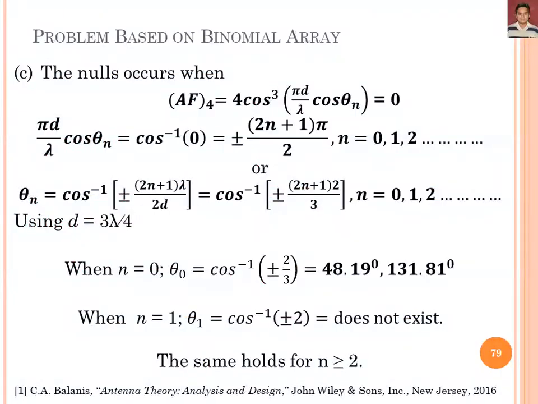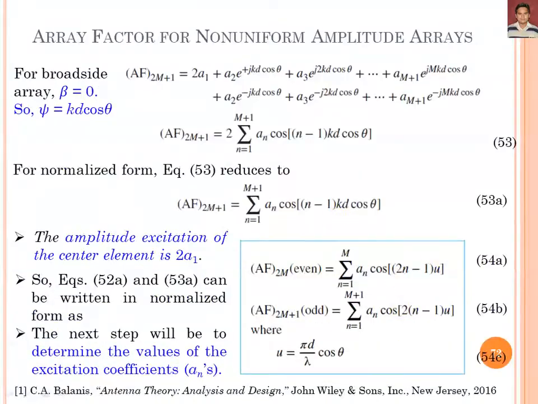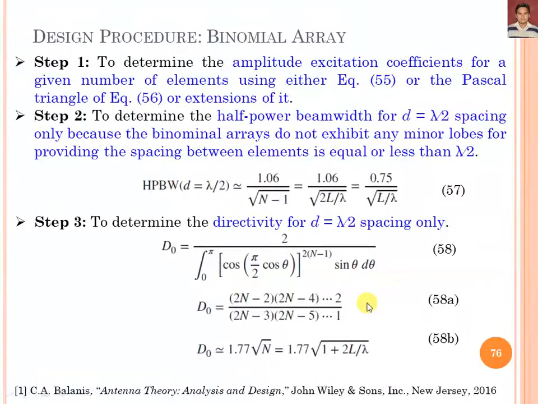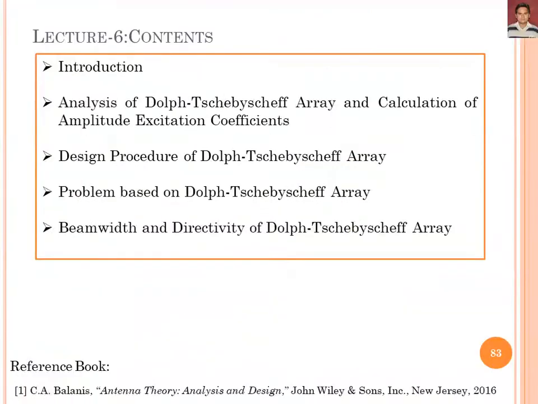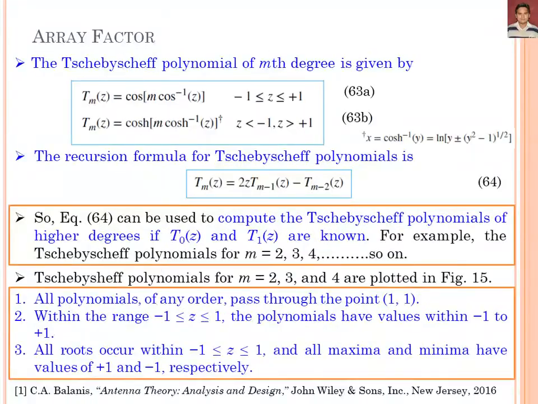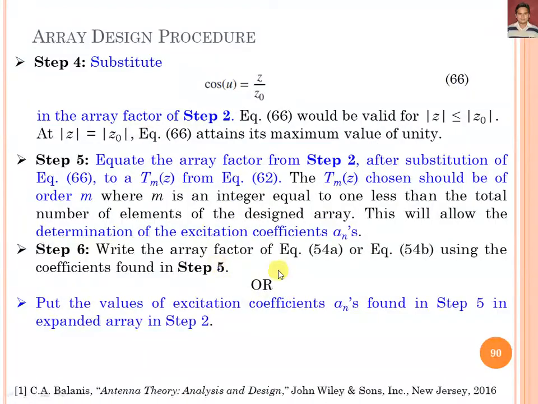These are important, and in them we are putting the values of these array coefficients. In that case we can get the polynomial or array factor, by putting the values of the excitation coefficients found in step 5.